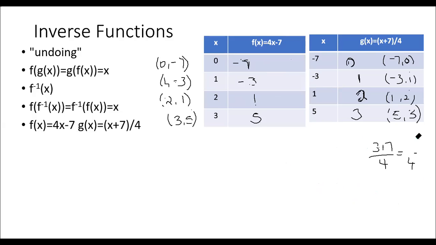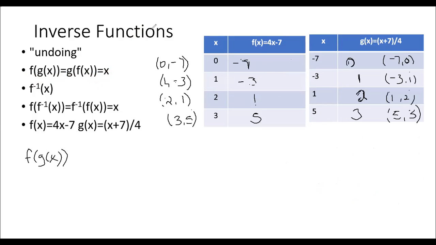Okay, so if we want to show algebraically that they're inverse functions, we have to plug the functions into each other and show that we get x back out. So let's go ahead and do that. The first thing we need to do is f of g of x.